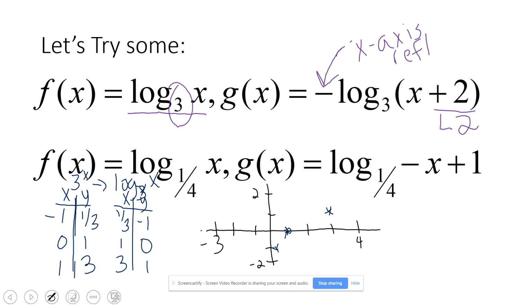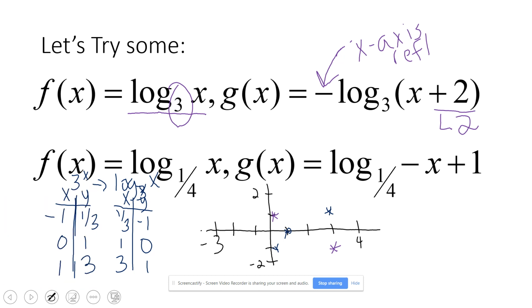So those are my original points. Now, for the x-axis reflection, remember it takes our y values and changes their signs. This is a negative 1 y value. So it's going to go to positive 1. 0 stays 0. It doesn't change signs. And then our 3, positive 1 becomes 3, negative 1.